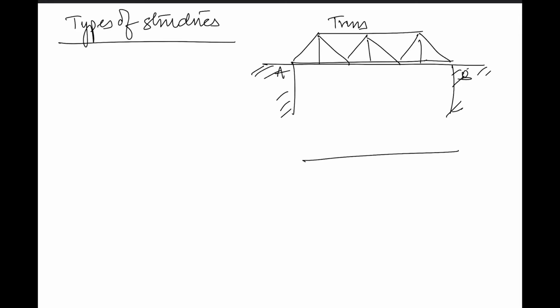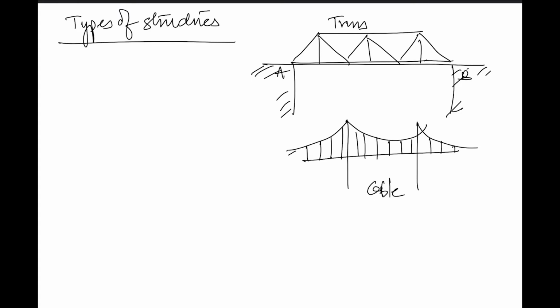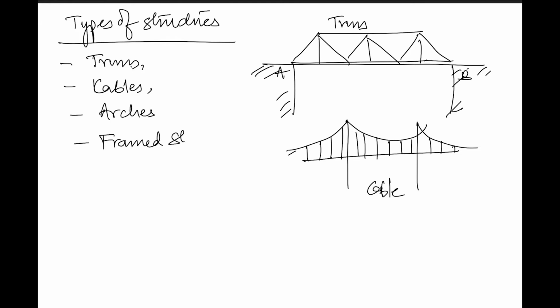You even have a cable stayed bridge, right? These are all the supports. So this is a cable stayed bridge. So you have different types of structures, namely truss, cables, arches, and frame structures, which we generally see in buildings. So these are the types of structures.